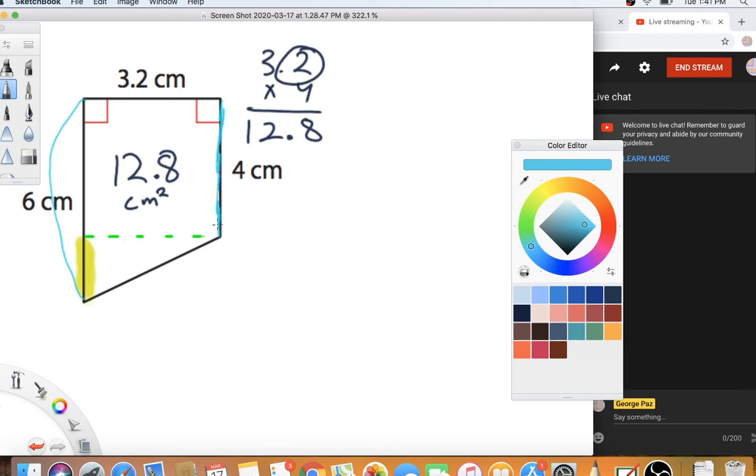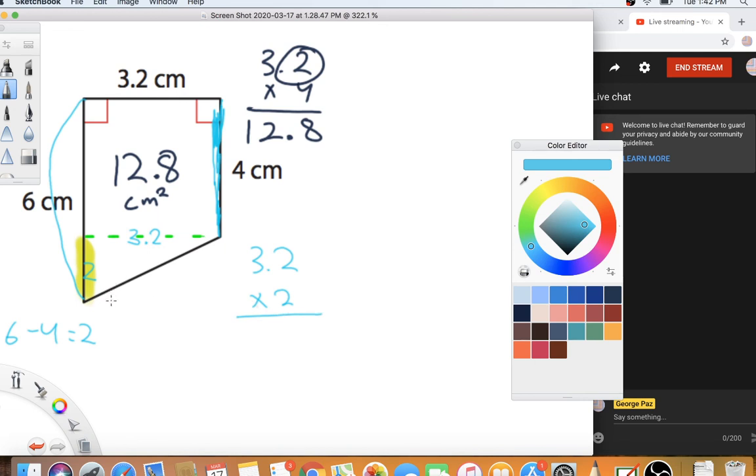We're going to subtract 4. So essentially we're deleting this, and we only have this part left. So this whole thing is 6, and when we delete 4 from it, we get 2. That means that this part would have to be 2. And our height is the same as this, or base, whichever it is. So this side would be 3.2. So now we need to do 3.2 times 2, and then times 1/2.